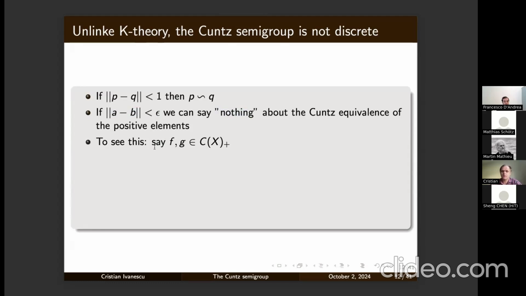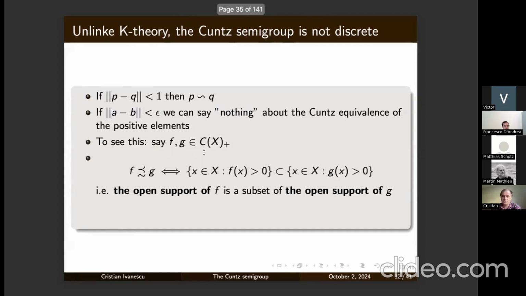I'm going to work with a commutative case, which is usually most of the time relevant. So my positive elements are just continuous functions on some compact space X, and being positive means that the range is inside [0, infinity). Now I'm going to say that f is Cuntz less than g.